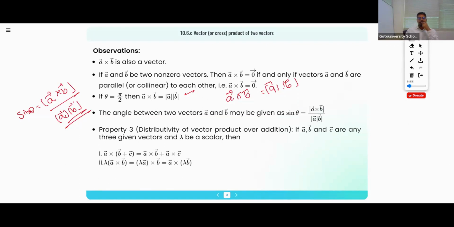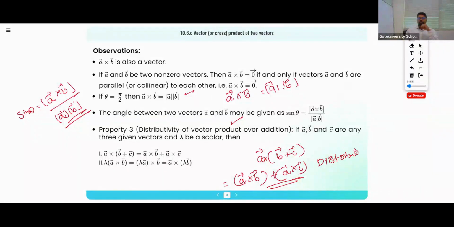Another property: distributivity of vector product over addition. For example, if you are multiplying vector A with the sum of B and C, we can multiply them by cross product like this also: A cross B plus A cross C. So this is nothing but what law?